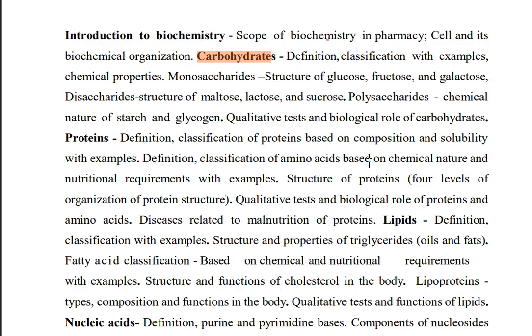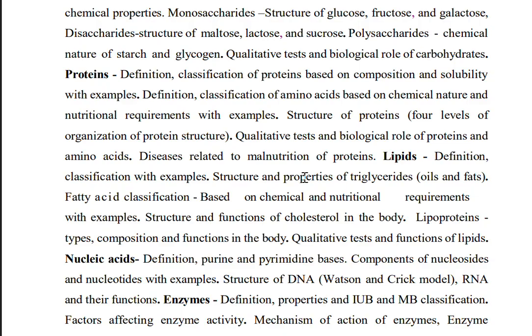There are several types. We have to read each and every type, and there is a short symbol for each. For example, for alanine they give the letter A. We have to focus on that also. And then lipids: we have to focus on the structure and properties of triglycerides, and fatty acid classification based on chemical and nutritional requirements.